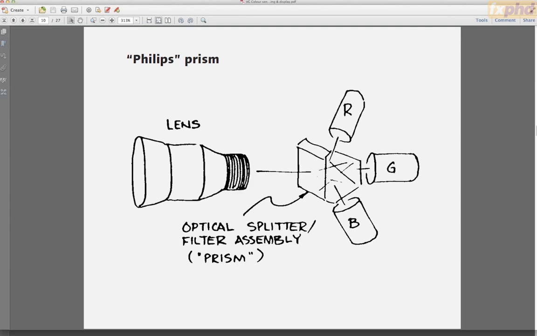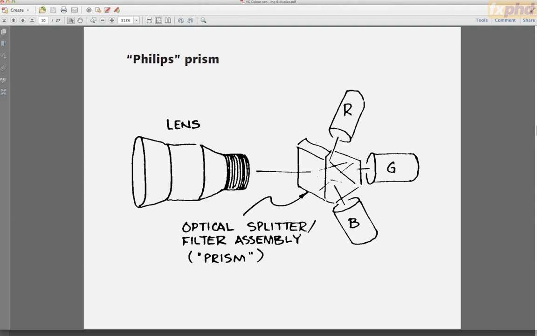Now, the classic way this is used in a video camera is with the Philips prism. So those dichroic, the prism does not separate like Isaac Newton would have recognized. It isn't the prism itself that's splitting the different wavelengths into different directions like Isaac Newton. Instead, prism is just a word that's used by optics engineers to refer to a chunk of glass.